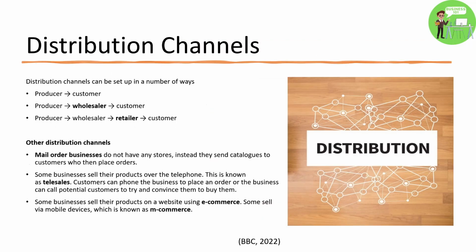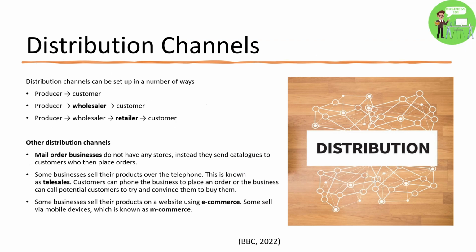Distribution channels can be set up in a number of ways: producer to customer, producer to wholesaler to customer, and also producer to wholesaler to retailer to customer. Other distribution channels include mail order businesses. These do not have any stores. Instead, they send catalogs to customers who can then place orders. Some businesses sell their products over the telephone. This is known as telesales.